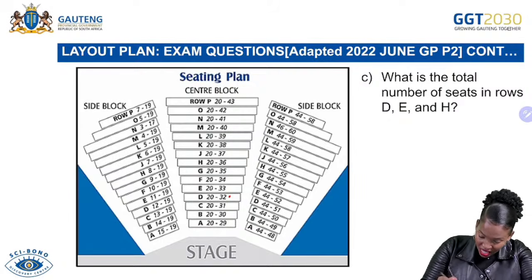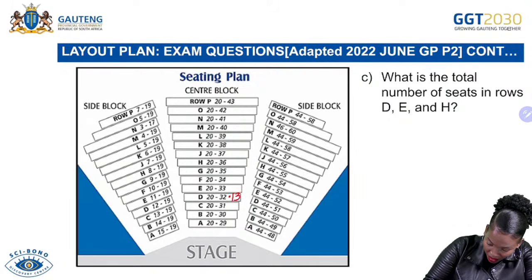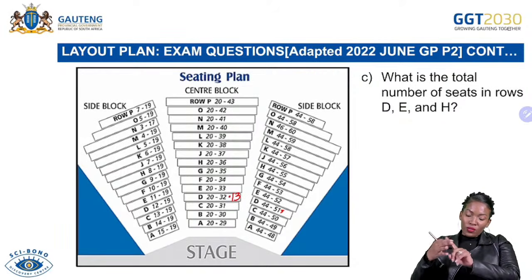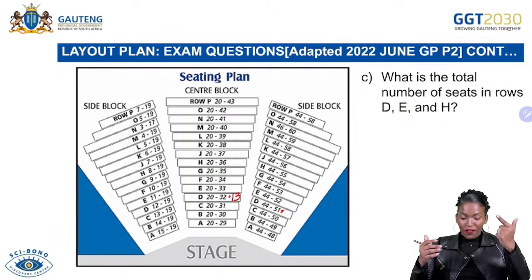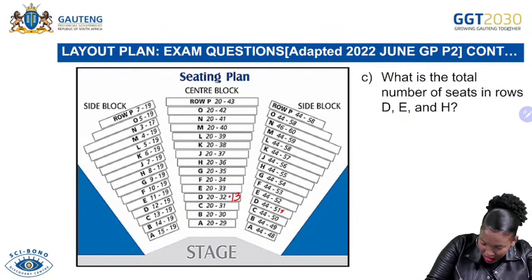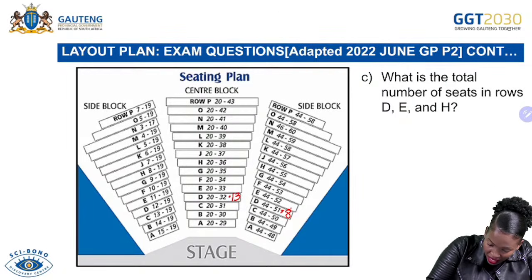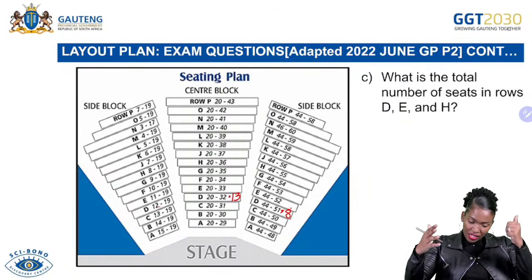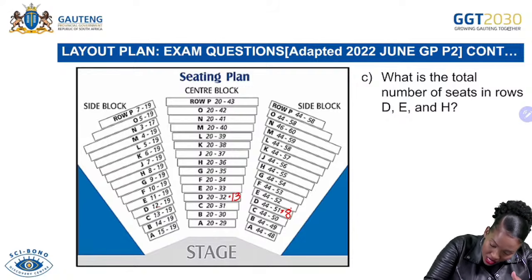So it is 13 seats here. And then let's determine the number of seats here. 44, 45, 46, 47, 48, 49, 50, 51. So it is 8 seats. And then let us determine here. It is 12, 13, 14, 15, 16, 17, 18, 19. So it is 8 seats.